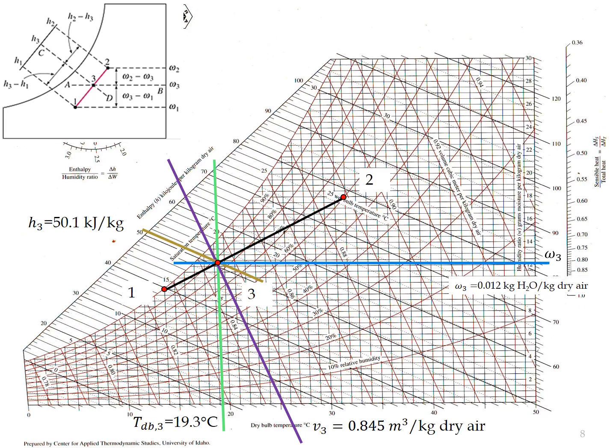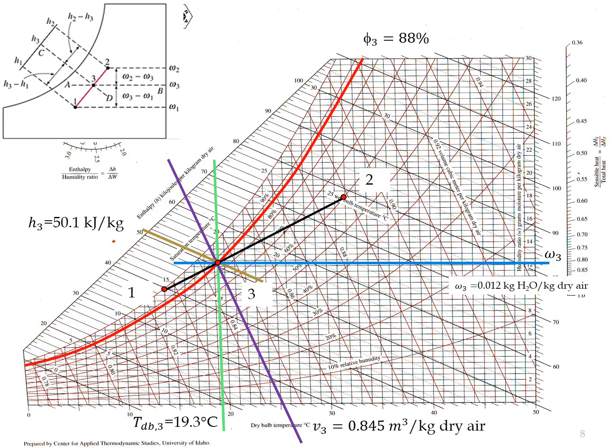And we draw the line parallel with the constant specific volume line, so we'll get the value for V3, where you need to make your own scale to get the exact value. V3 equal to 0.845 meter cubic per kg dry air.